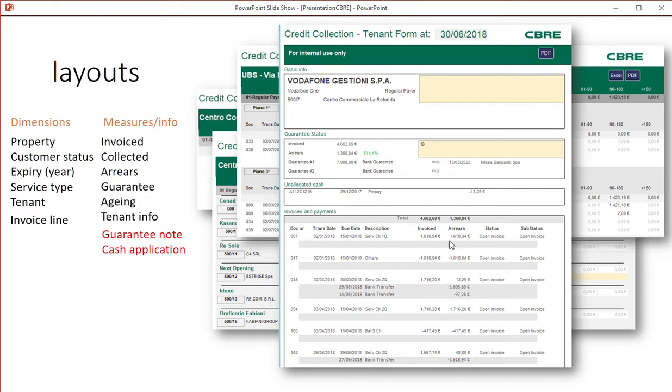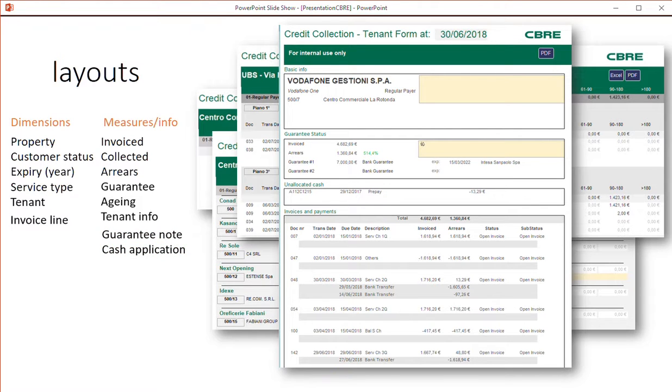And then at the bottom, this is partial because it is cut, we have all the invoices, and for each invoice we have the allocated payment. So this gives a clear idea of this account. This report is also available for sharing with a tenant, as we said.